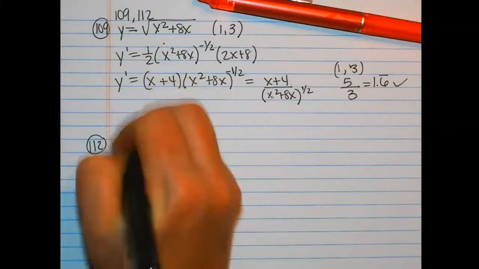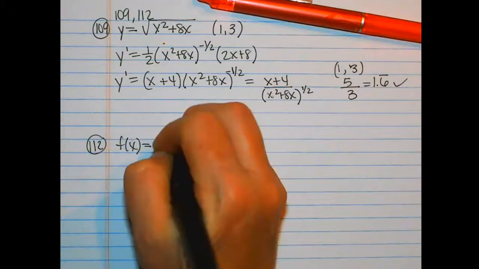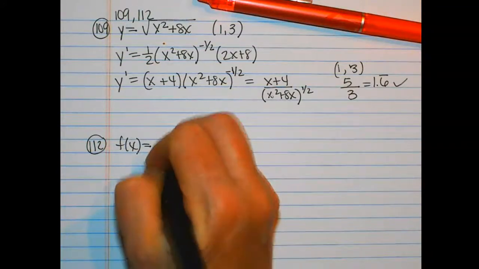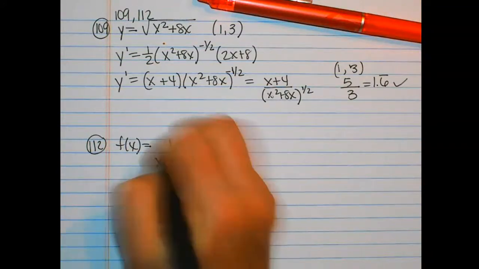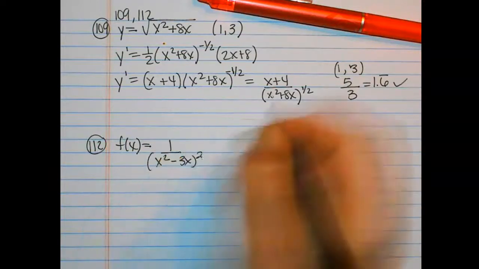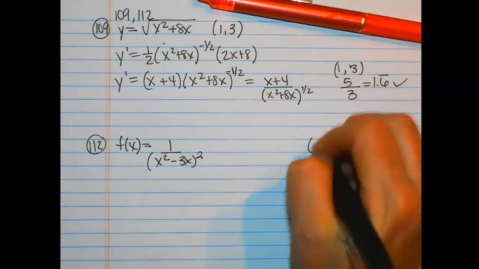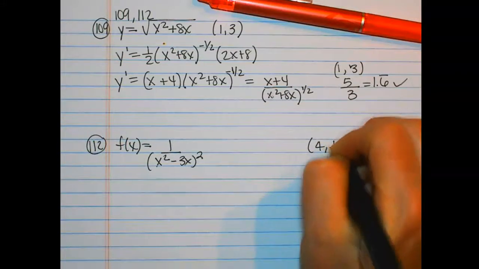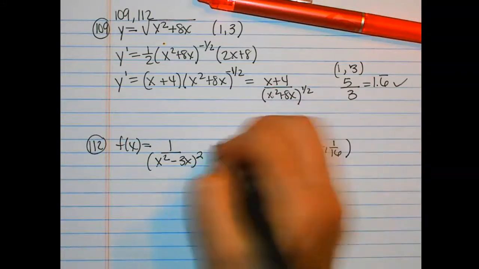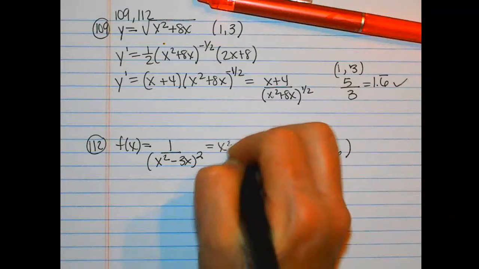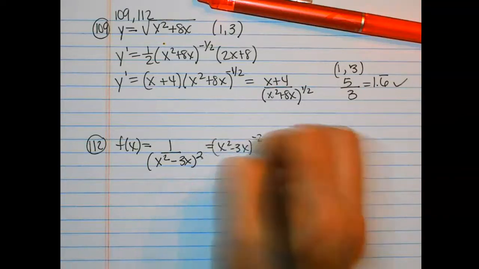F of x equals 1 over x squared minus 3x, all squared. And the point is 4, 1 over 16. I'm going to rewrite this as x squared minus 3x to the negative 2.